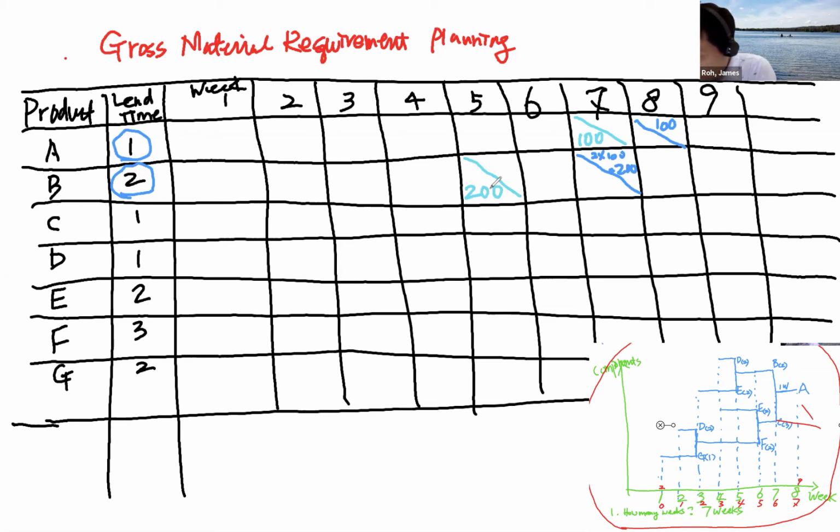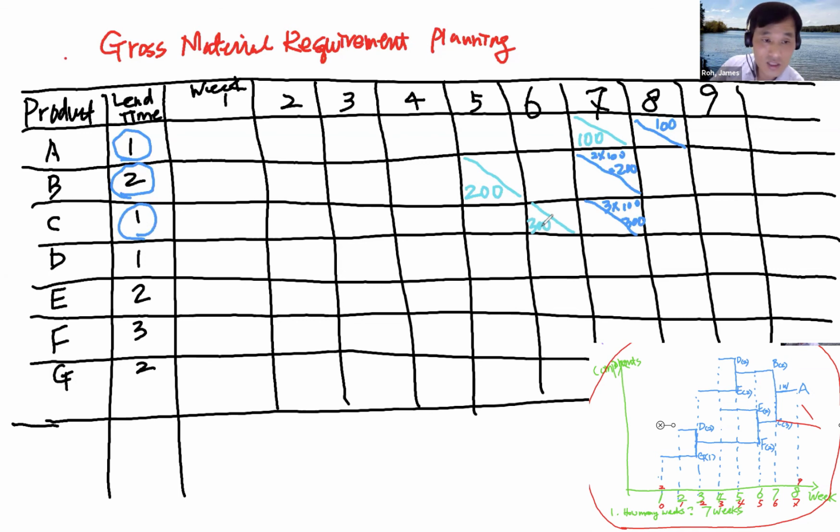So C, now 3 times 100 is going to be 300 here. And then it takes 1 week. Therefore, we are going to have it ordered at week 6, 300 of them.